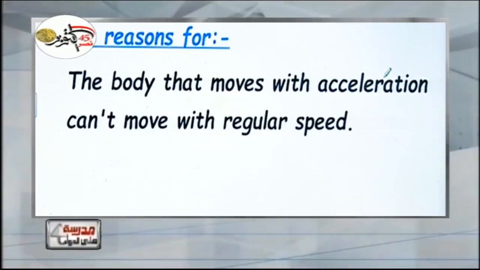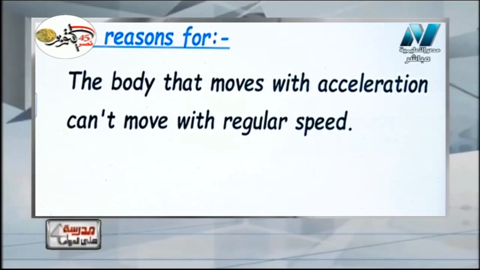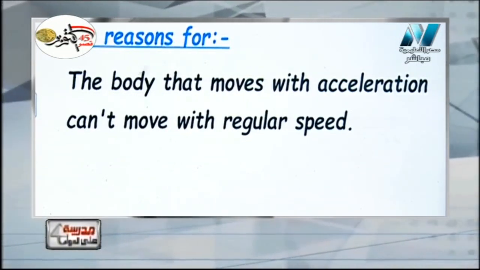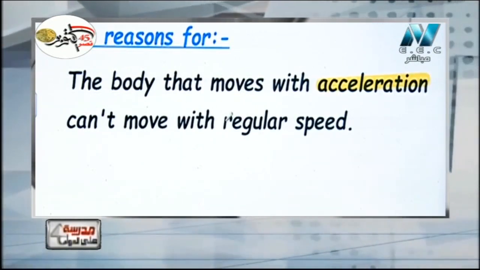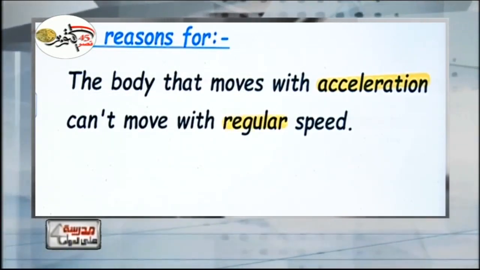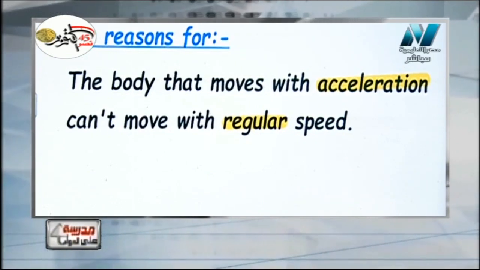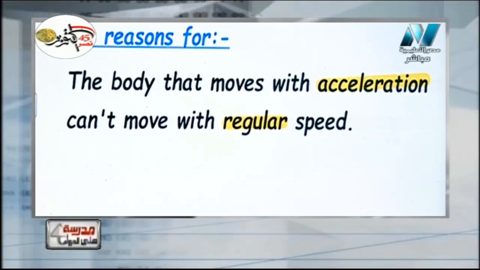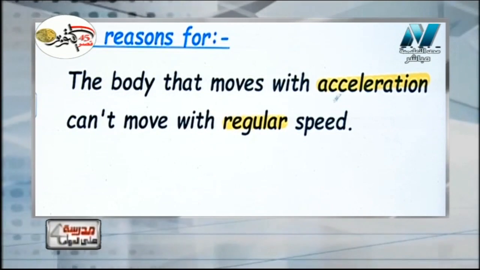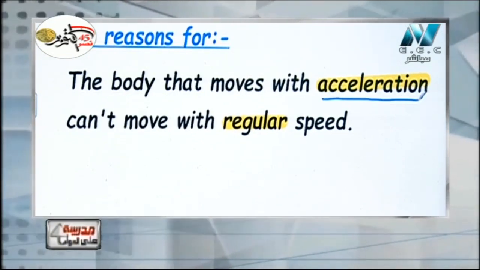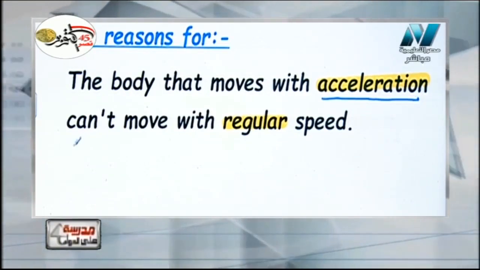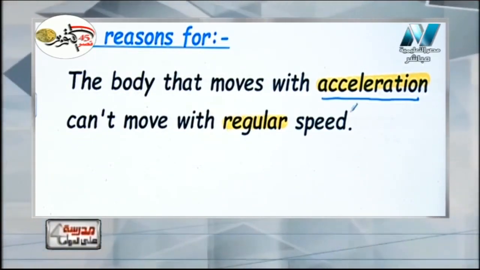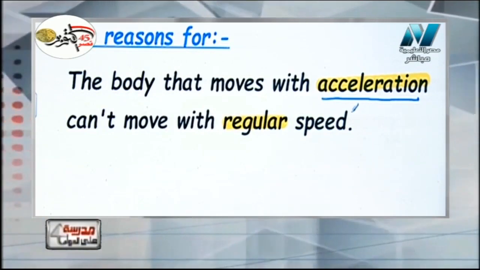As here we have to give a reason for: the body moves with acceleration, it can't move with regular speed. The body that moves with acceleration. And we know what is meant by acceleration. Acceleration is a change in what? Change in, yes, speed as time passes. So can we answer according to speed, or regular speed, or acceleration?